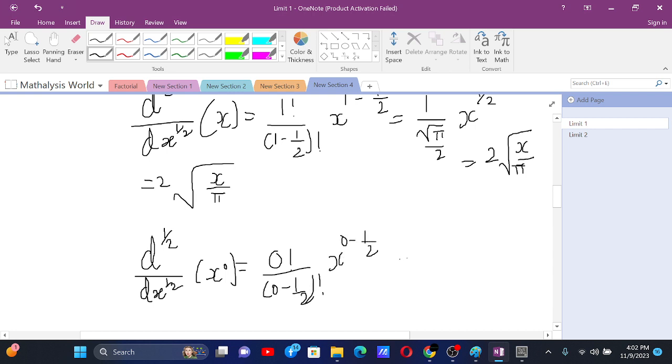Negative half factorial is just root pi, and 0 factorial is 1, with x to the power minus 1 by 2. So that is 1 by root pi x. This is the answer.